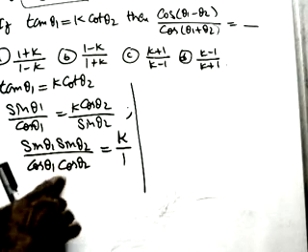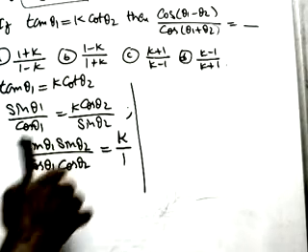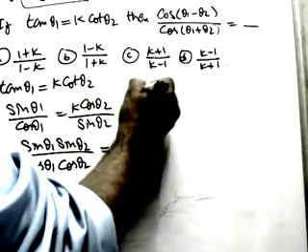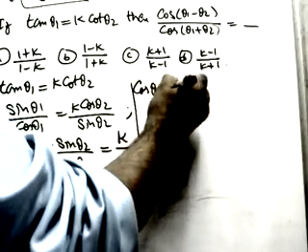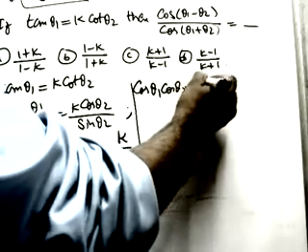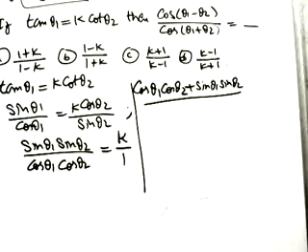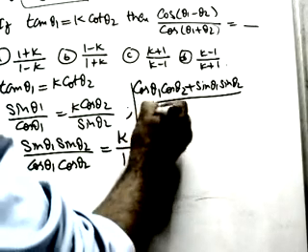Because we have to start with cos A cos B, then sin A sin B. First we have to write cos A cos B. So denominator plus numerator by denominator minus numerator. I'm writing like this: cos theta 1 cos theta 2 plus sin theta 1 sin theta 2. In the numerator, if we are adding, we have to subtract in the denominator.